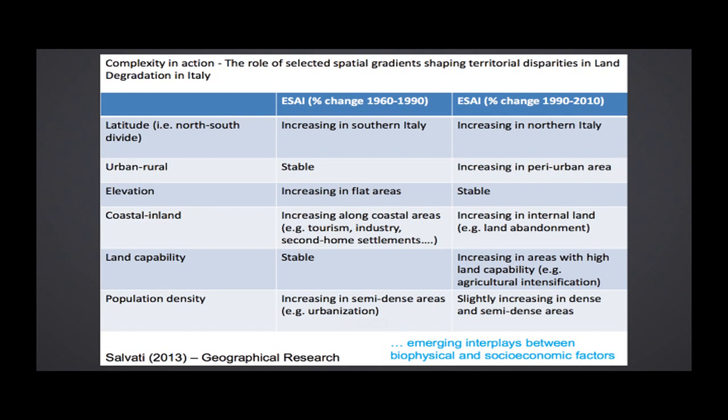So we divided the period into sub-periods, 1960, 1990, and the most recent period, and we try to understand the importance of different geographical gradients in the increase or decrease of the level of land vulnerability to degradation in Italy. And we found a very complex situation according to both biophysical factors and socioeconomic factors.